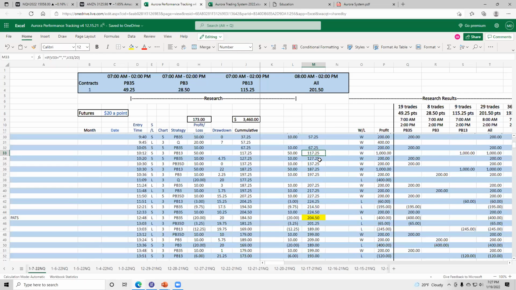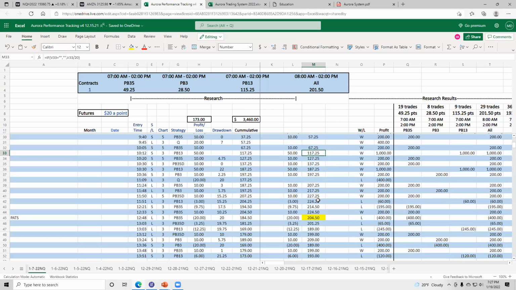What ended up happening is I continued to accumulate profits. When I got up to 187, I know I can't do worse on that day than 167.25 points. And it kept increasing, a little bit of slide back here, a little bit of slide back here, but we had gotten up to a high of 227.